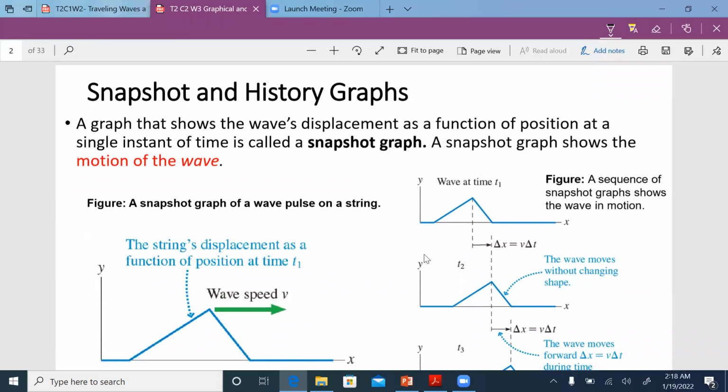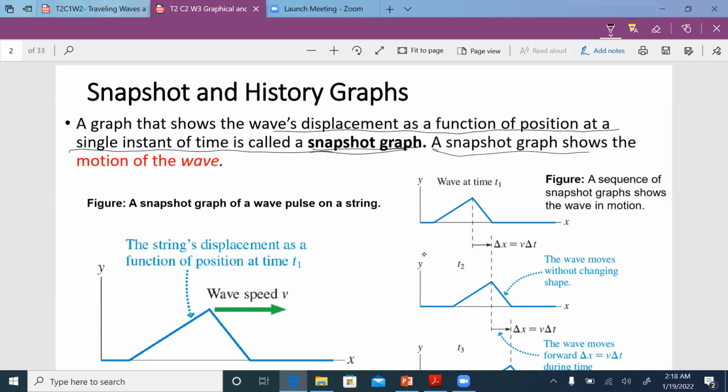Okay, as the name implies, snapshots. We use snapshots to describe the instant state of a wave. So a graph that shows the wave displacement as a function of position at a single instant is called the snapshot graph. So we use it to describe that instant state of the wave motion.